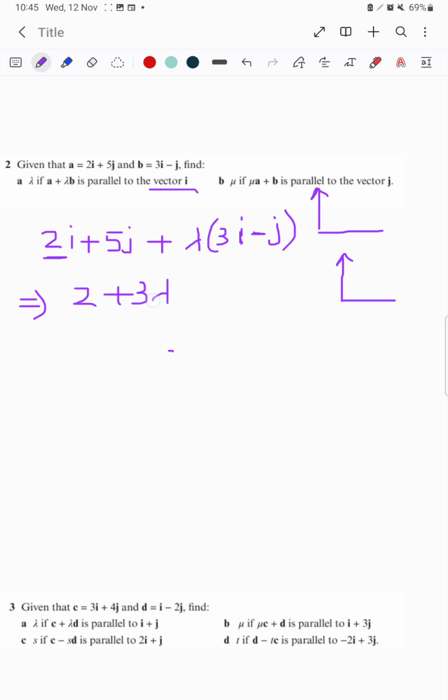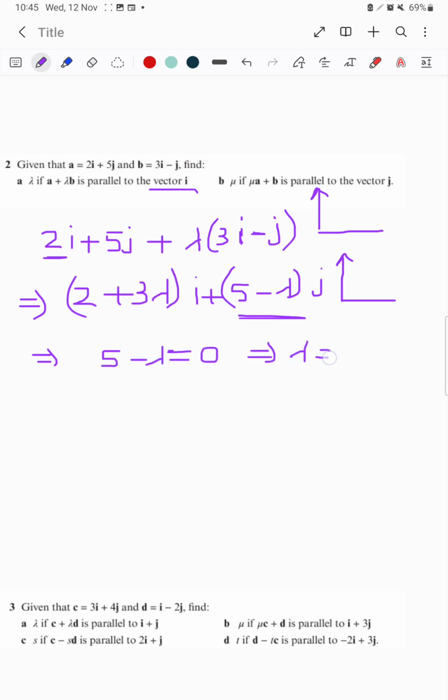So 2 plus 3 lambda i plus 5 minus lambda j, and this is the j component. Because it is parallel to i, that means the j component will be 0. So 5 take away lambda is equal to 0, and from here I get lambda equals 5.